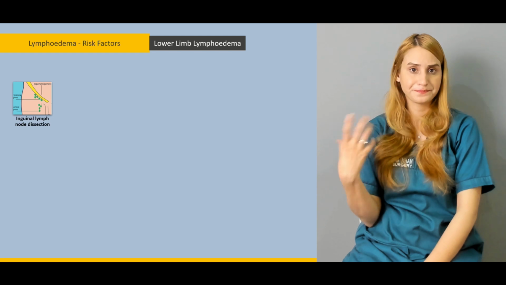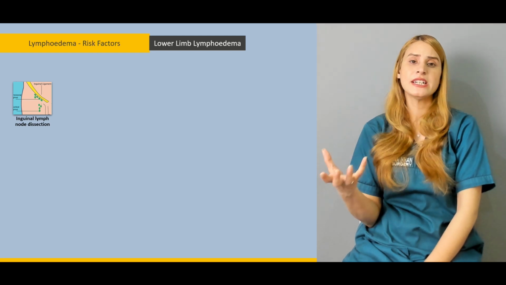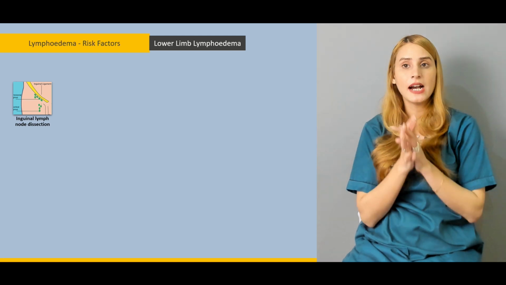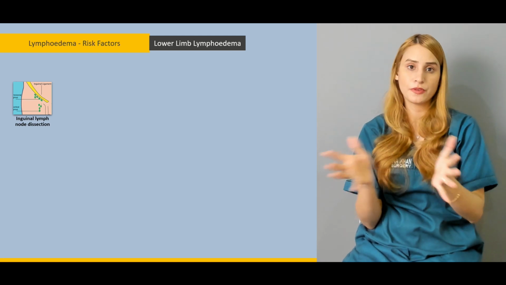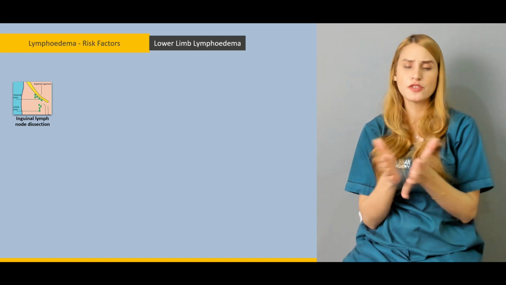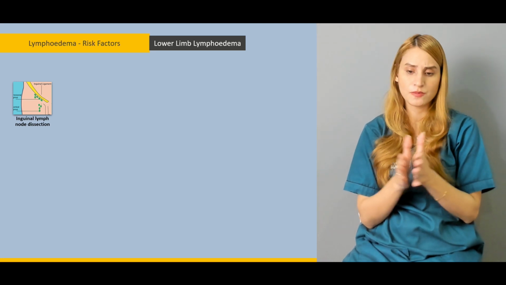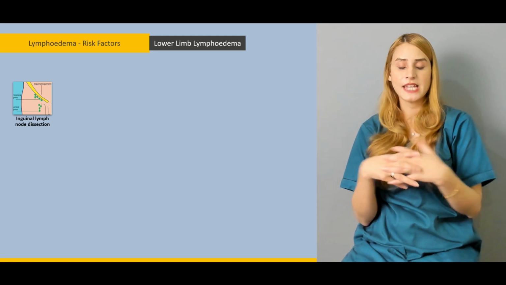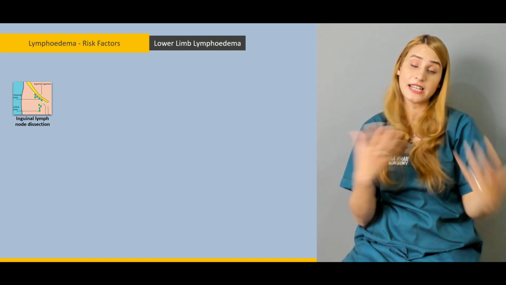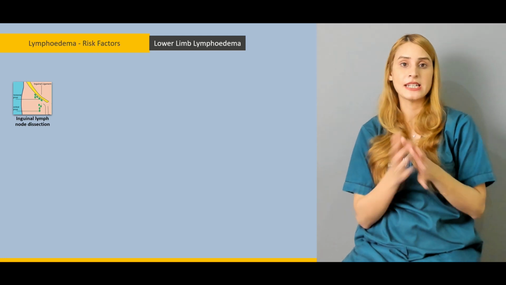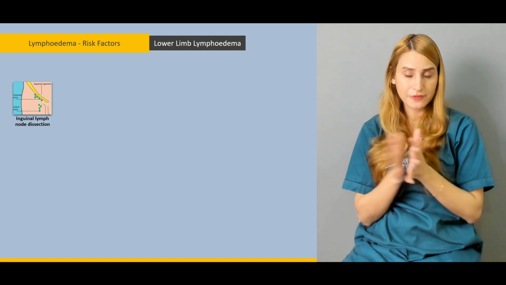These lymph nodes are draining most of the lower limb, right? There are the superficial and the deep inguinal lymph nodes. The testes drain to the para-aortic nodes, but the scrotum is drained into the superficial inguinal lymph nodes.